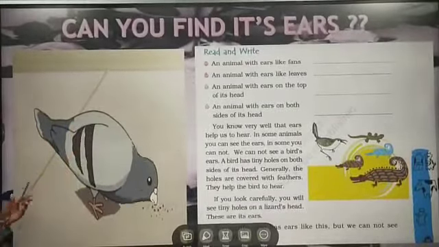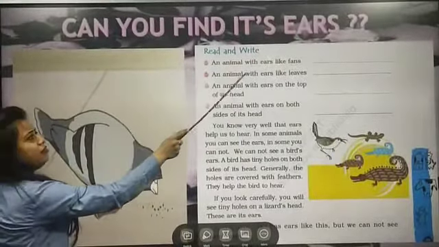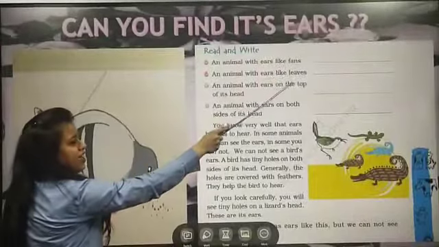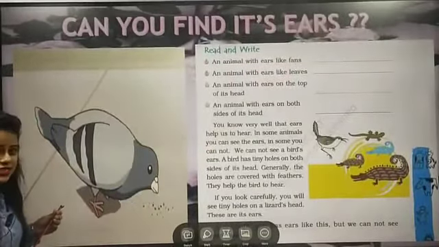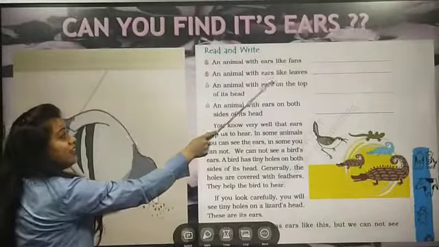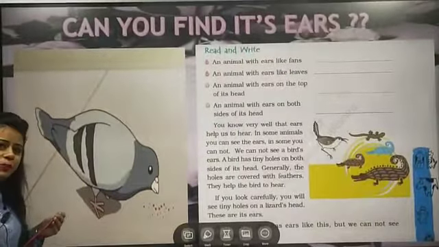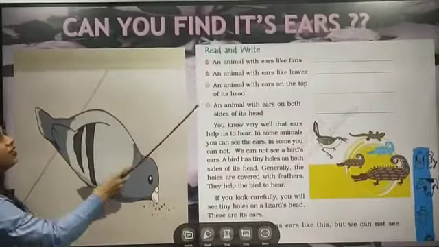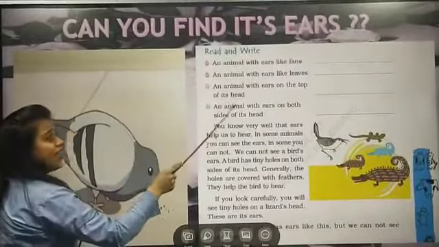Now, let us move to another page. An animal with ears like a fan. Tell me which animal it is? Yes, elephant. An animal with ears like leaves. Yes, it is rabbit or deer. An animal with ears on the top of its head.